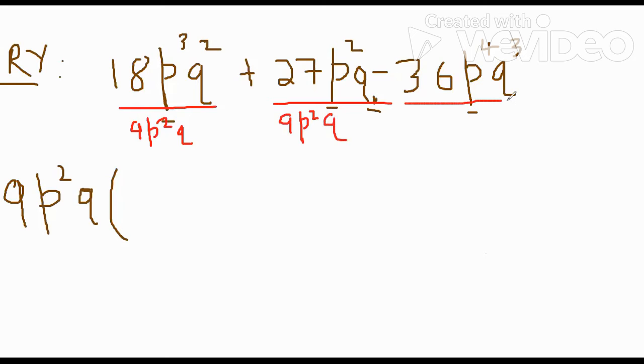Any questions so far? Yes, sir. For the first part, 9 into 9 is 1, 9 into 18 is 2, but where I take the power 2 from 3, wouldn't it be P1?